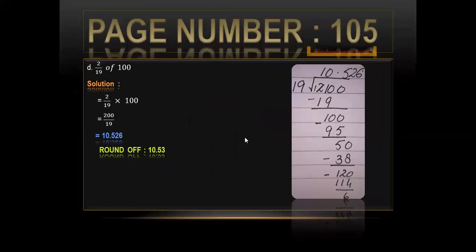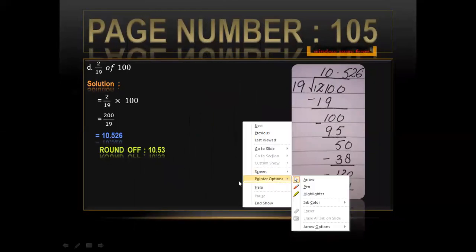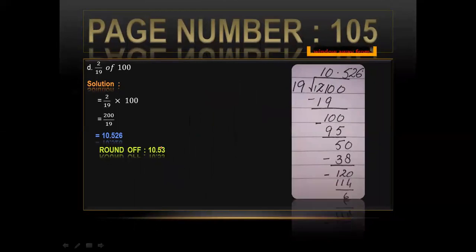Part D is 2 over 19 of 100. Again we interchange of into the multiplication sign. 2 multiplied by 100 is 200. 200 over 19.